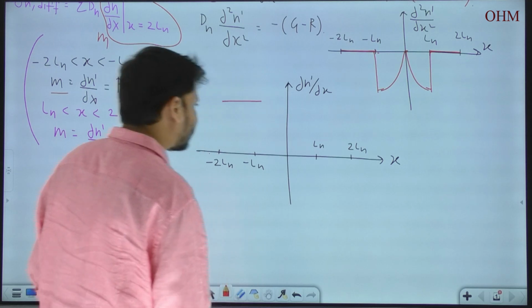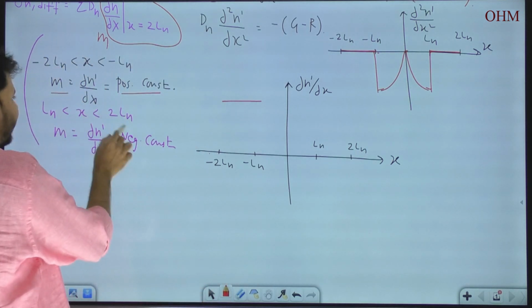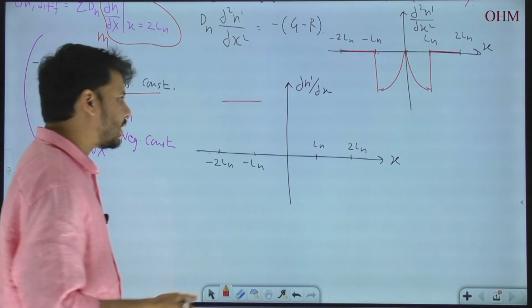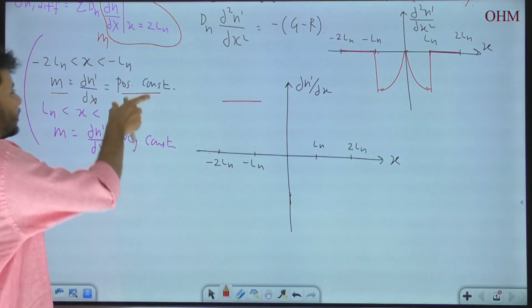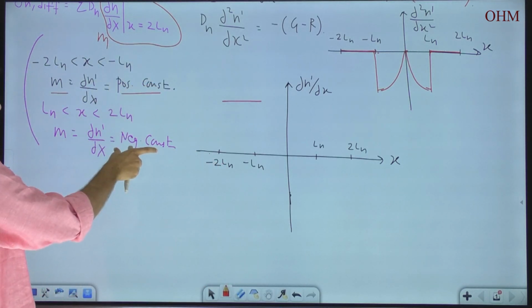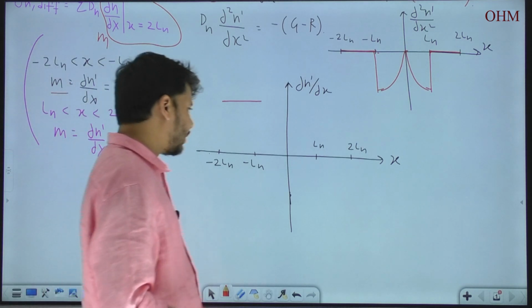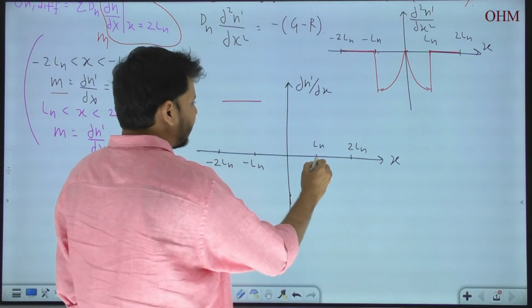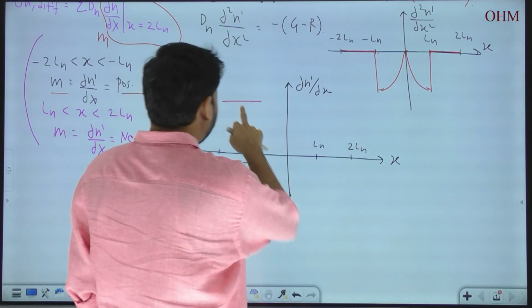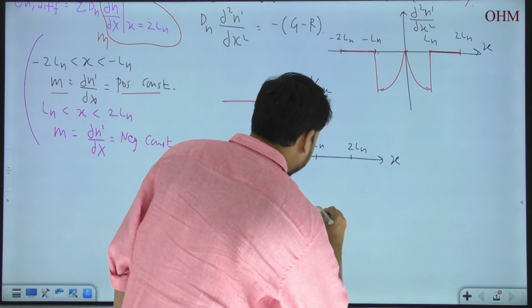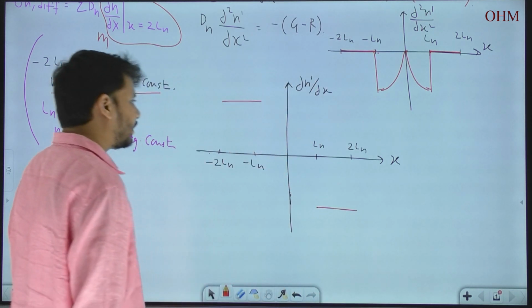It will be like this. And then between Ln and 2 Ln, again the slope is constant, but this time a negative constant. Because of symmetry, this positive constant slope and this negative constant slope will have the same magnitude. So something like this.